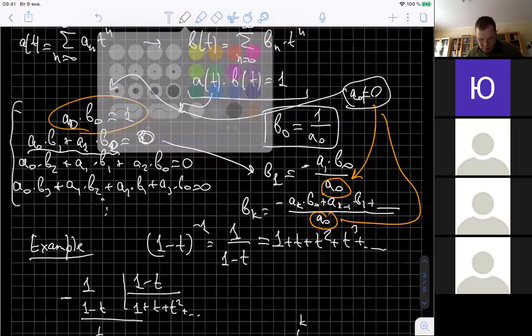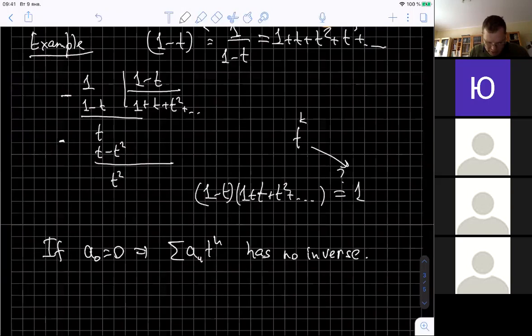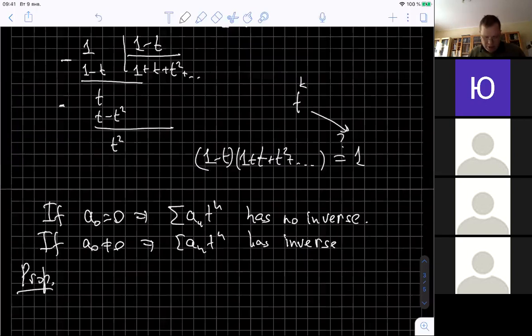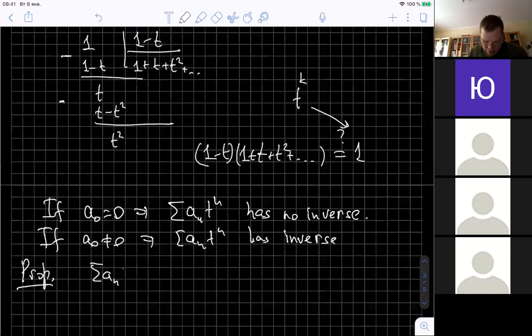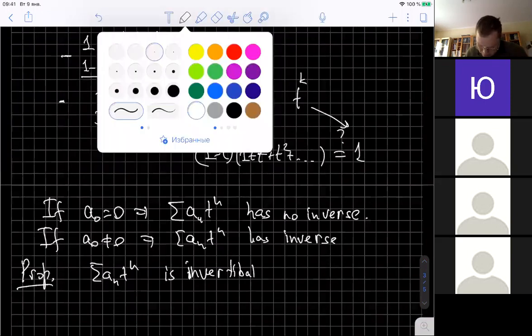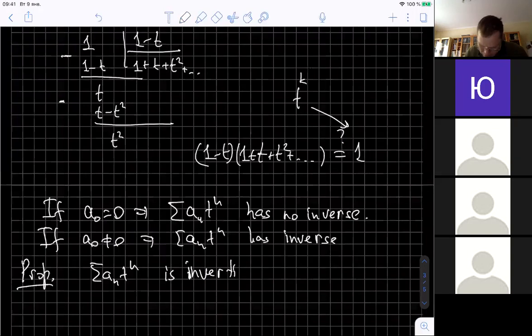So we can state that if a0 is not equal to 0, then we can form a proposition that the formal power series is invertible if and only if a0 is not equal to 0.